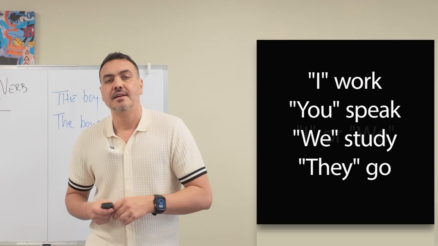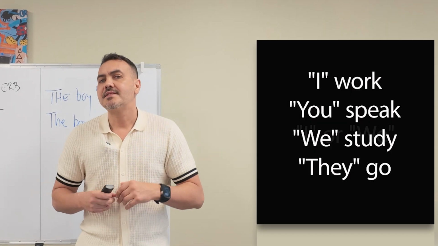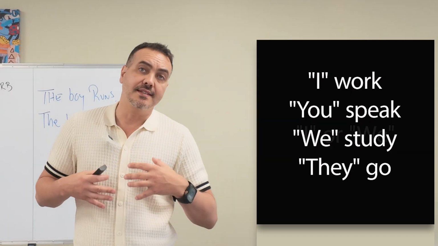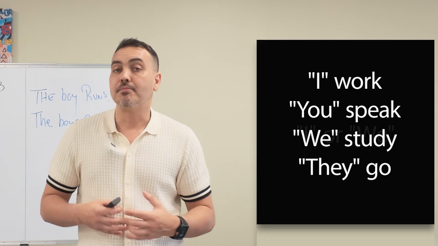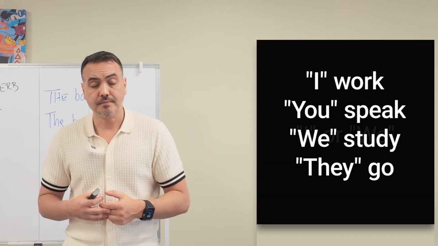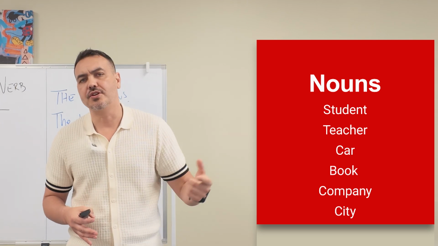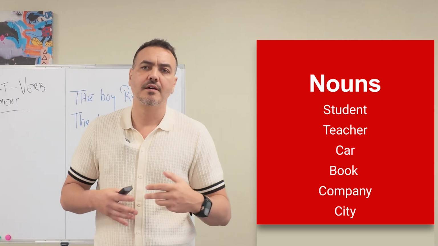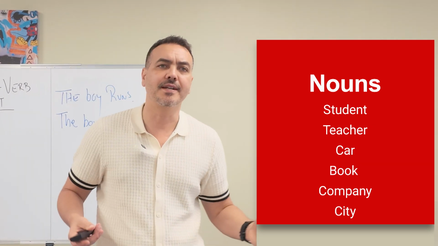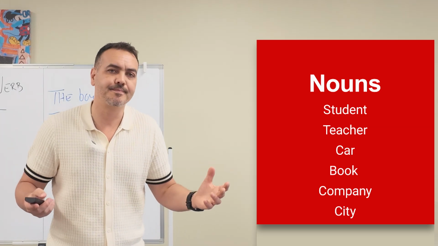Now, sometimes the subject is a noun, a person, place, or thing. And sometimes the subject is a pronoun. A noun is a word like student, teacher, car, book, company, or city.